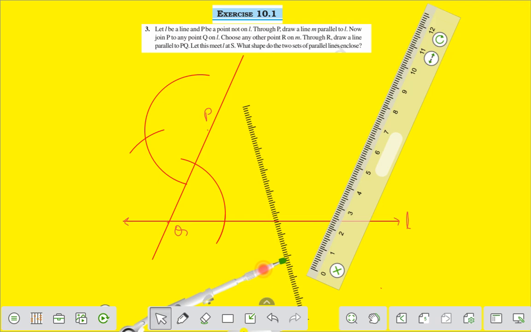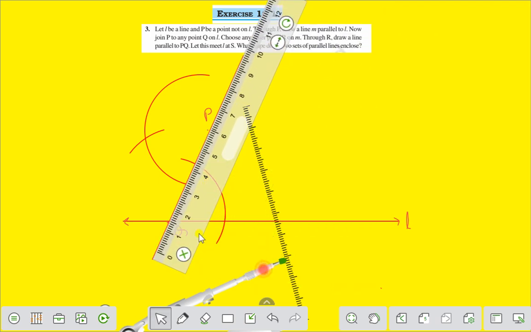Now with the help of this scale, let us join this line.